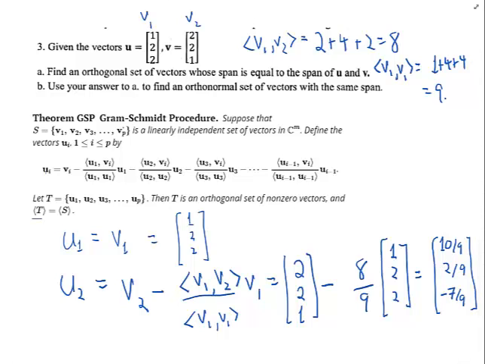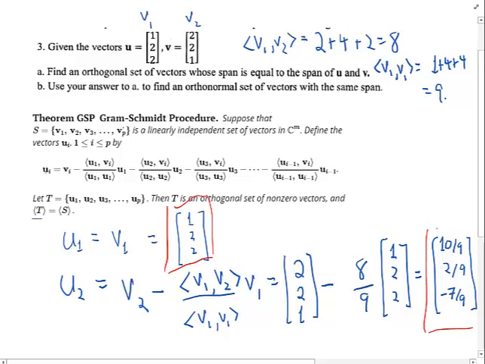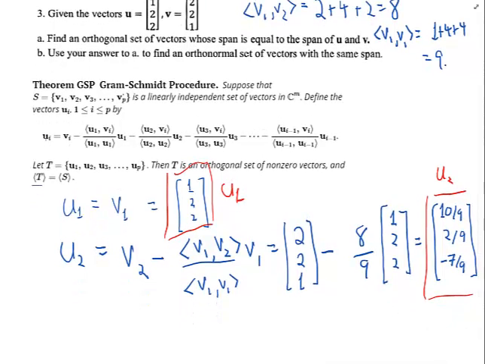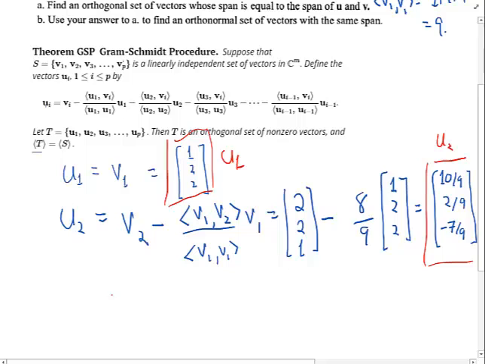So my two vectors are this one and this one. I can call this my u1, and then this my u2. Now, it's good to check and make sure they are orthogonal. So here's a check.